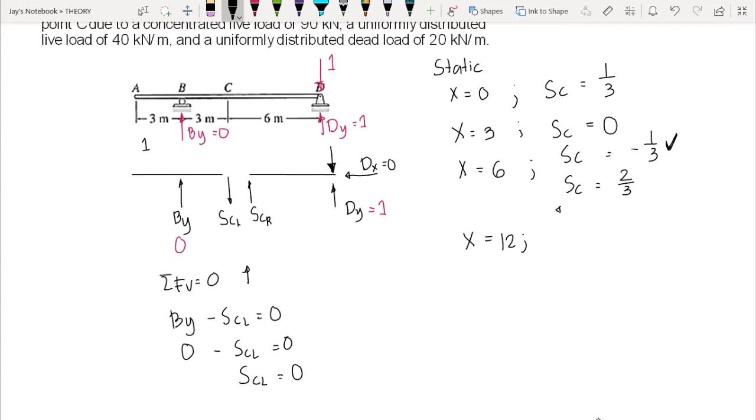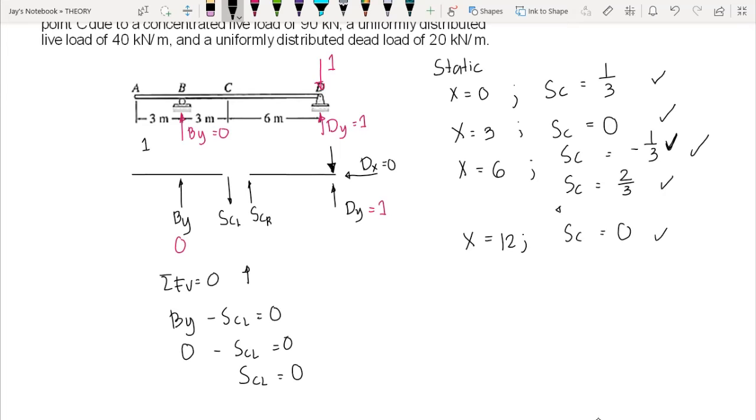So the shear at C when our 1 Newton load or 1 unit load is at point D is equal to 0. So these are the ordinates of our shear or our influence diagram with respect to the value of our x, or to the placement of our 1 unit load.